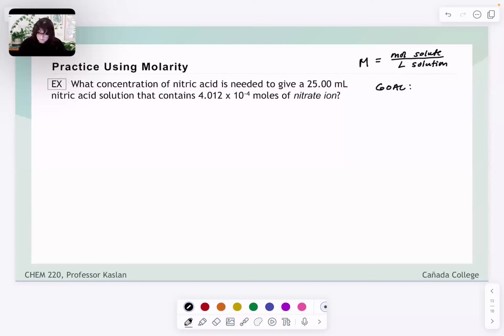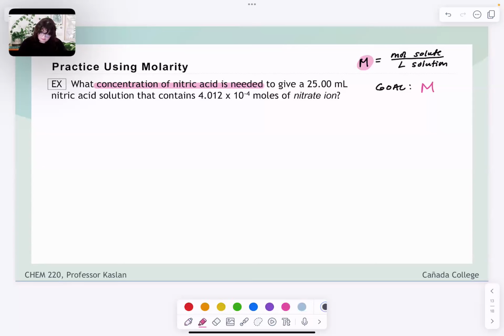And then we're going to start by identifying our goal. So reading our problem, what concentration of nitric acid is needed? So we know that we're going to try to find a molarity. So goal, we want the molarity.